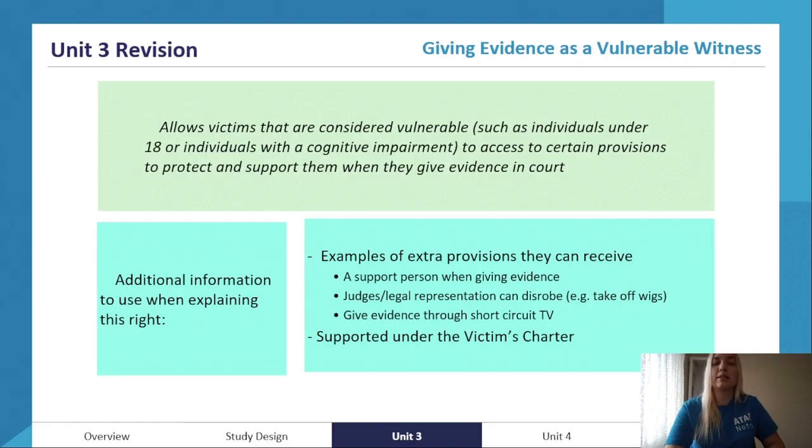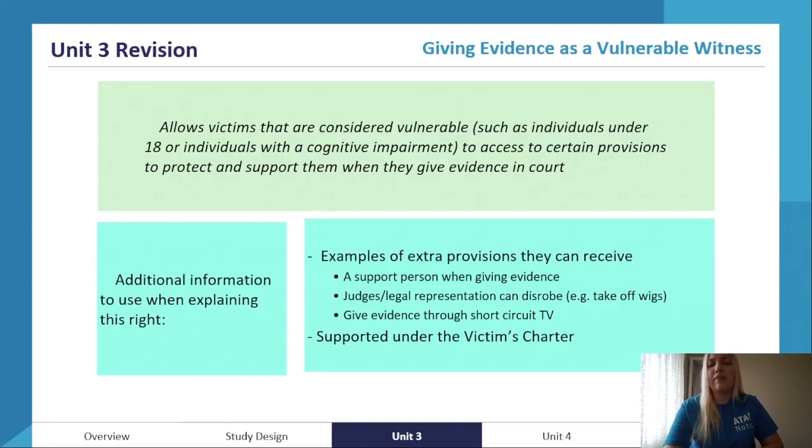But these vulnerable persons are allowed to access certain provisions in order to protect and support them when they give evidence in court as a witness, which is obviously very challenging to do if any of these factors affect you, hence you're vulnerable. So some of these provisions can include a support person.